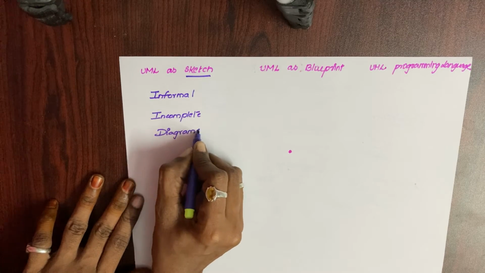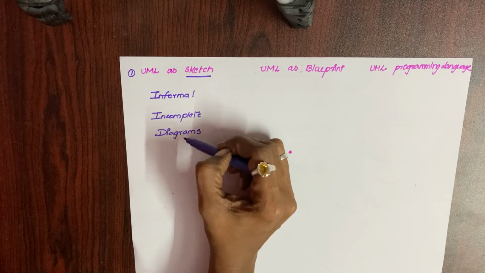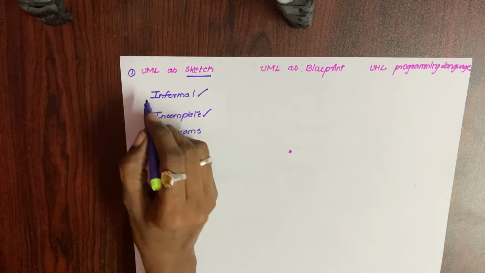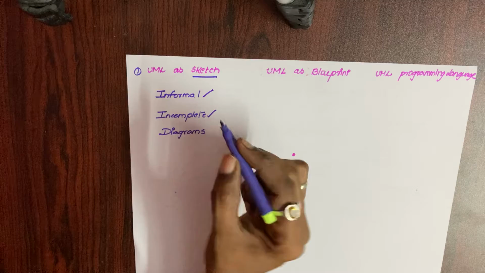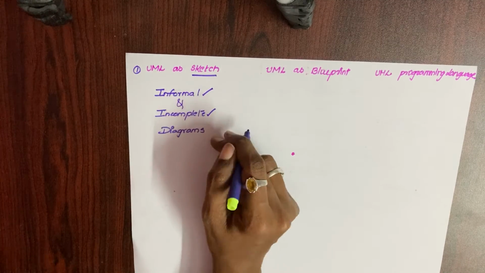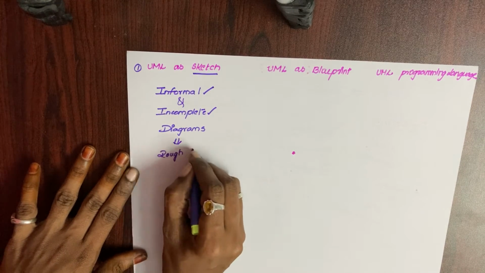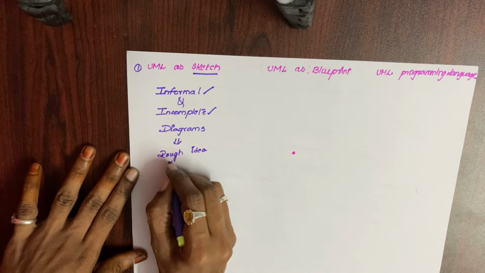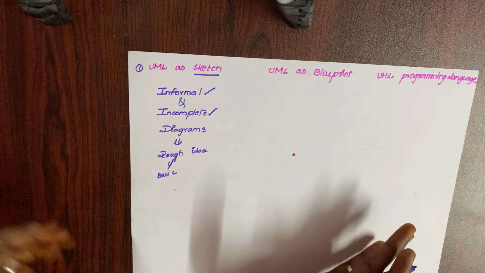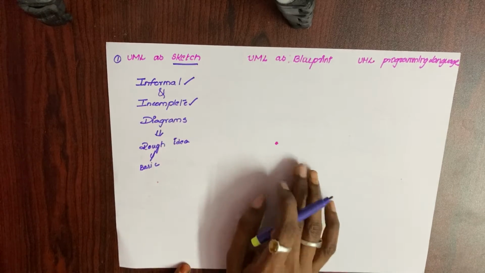This means we are designing diagrams which are incomplete and informal, because we are getting a basic idea, a rough idea. We just want to address the problem as a rough idea, and that is addressed as a sketch.